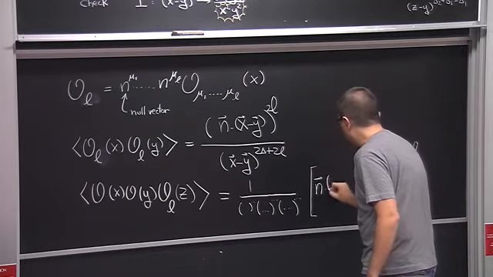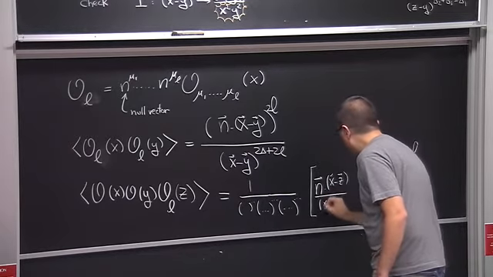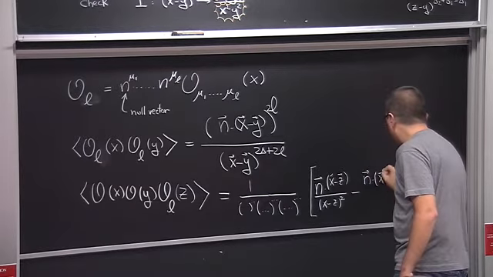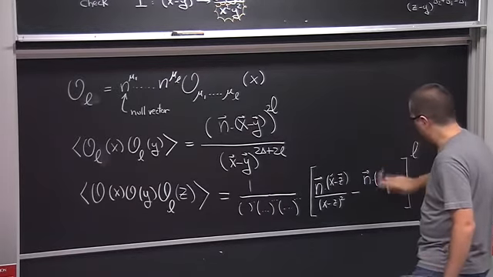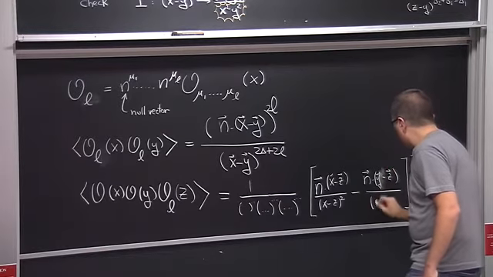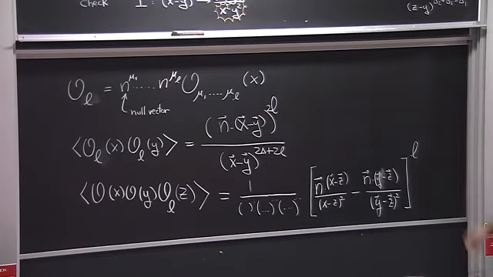It is n dot (x minus z) over (x minus z) squared minus n dot (y minus z) over (y minus z) squared.